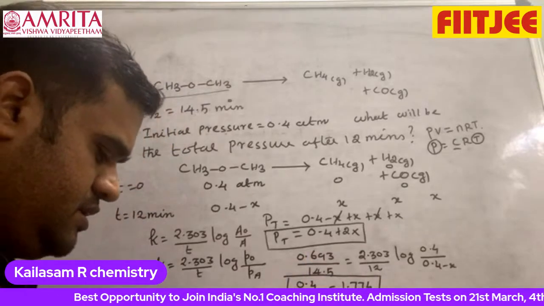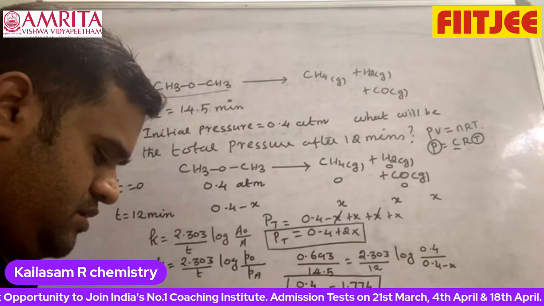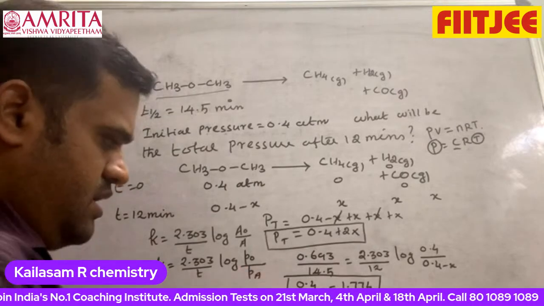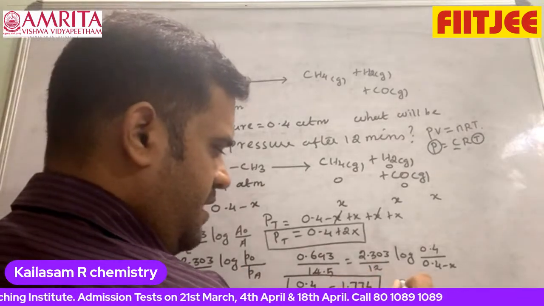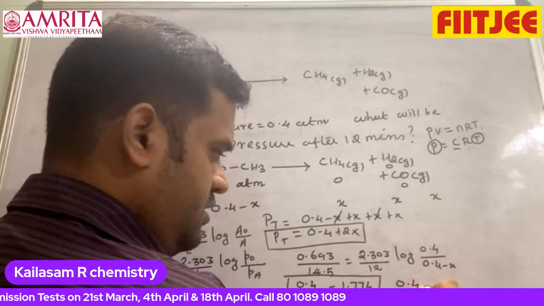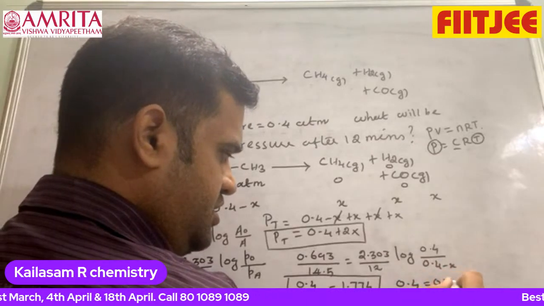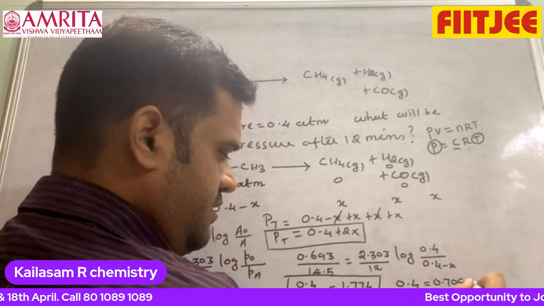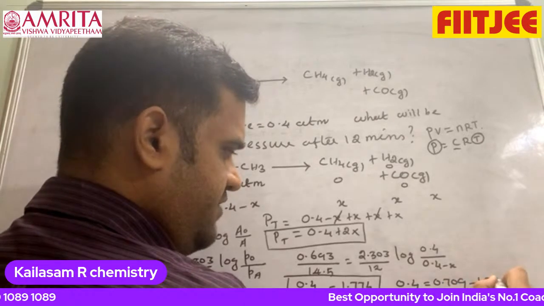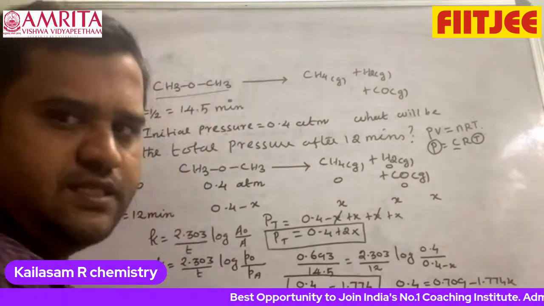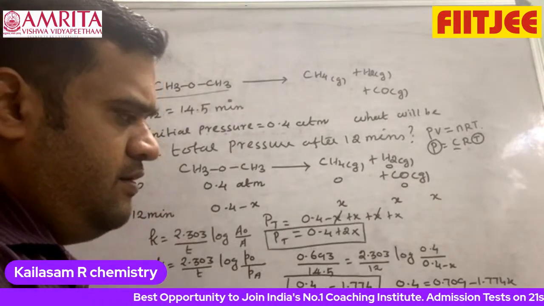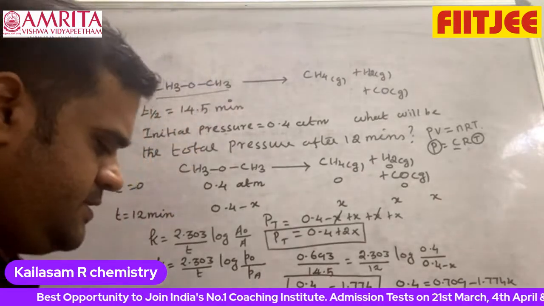Now if I simplify, I will get 0.4 is equal to 0.709 minus 1.774x.